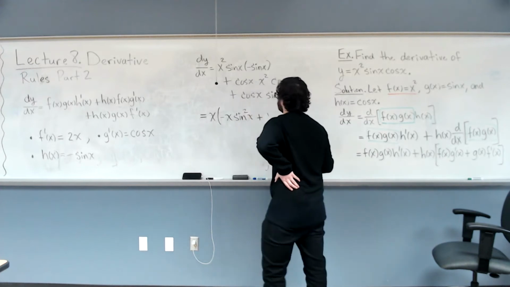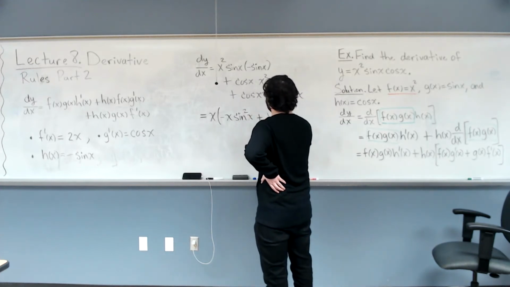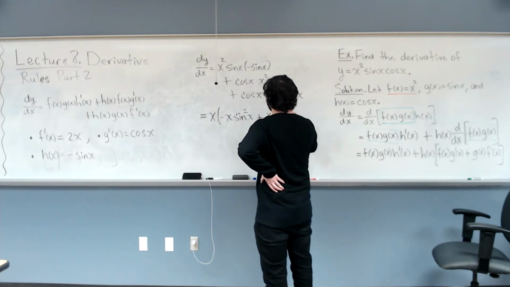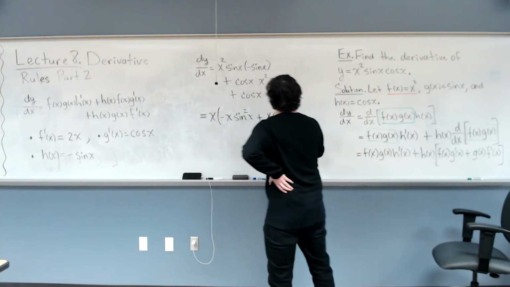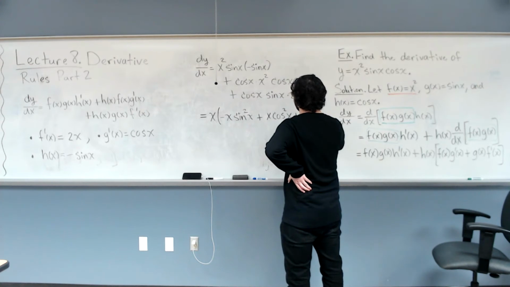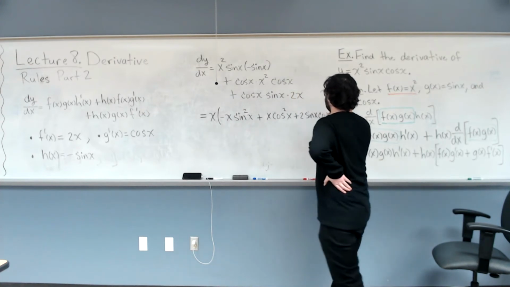I almost saw something, but it's not there. There's a minus sign. So plus x cosine squared of x plus 2 times sine of x cosine of x.